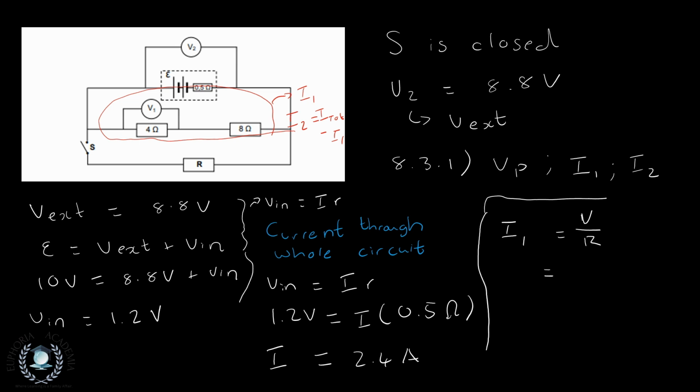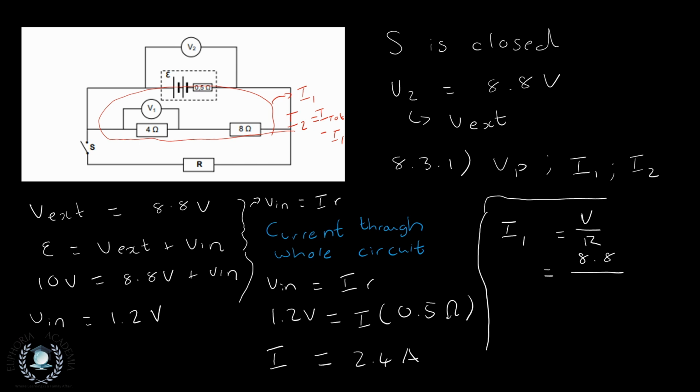Now to note, this voltage is actually 8.8 volts, our V external, because in a parallel circuit, the voltage is the same across each branch, right? So that's going to be 8.8, and for that resistance, we need to add our resistors, because this 8.8 is across both of them in that branch, right?